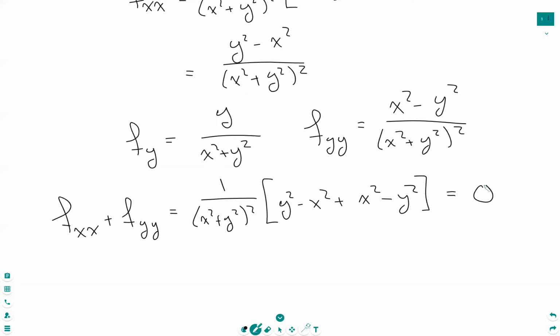Pretty cool. For all x and y, both of the second derivatives added together equals 0. So this is a harmonic function. This is a solution to the Laplace equation.